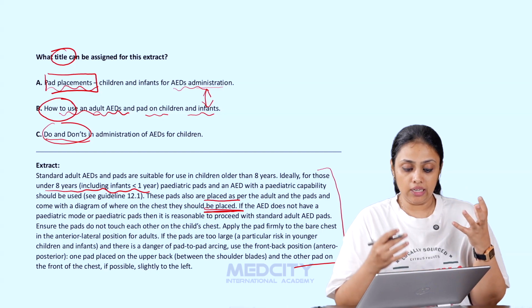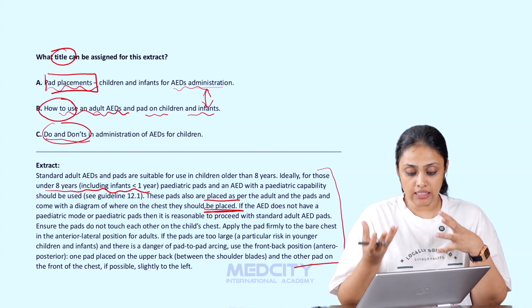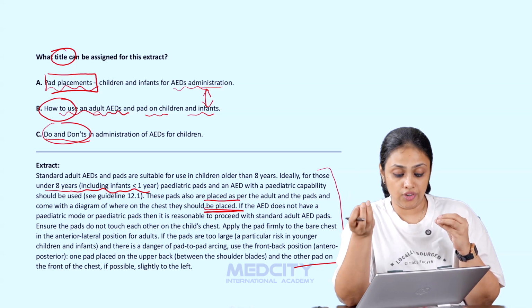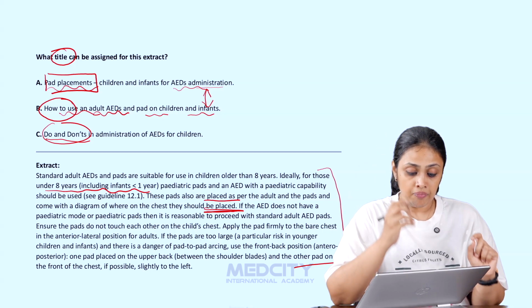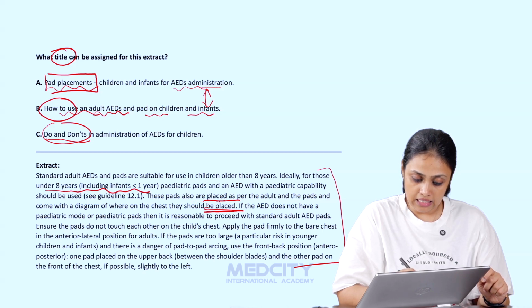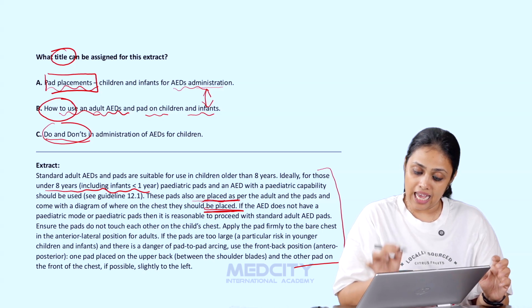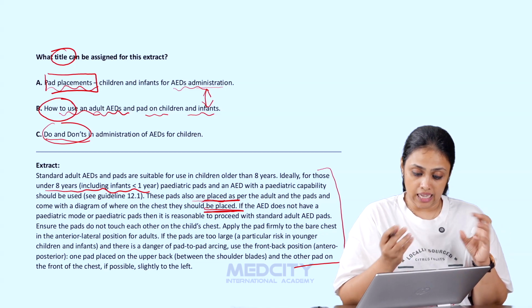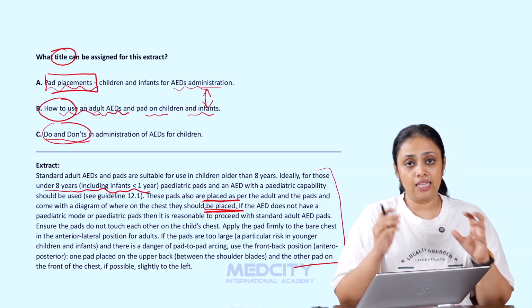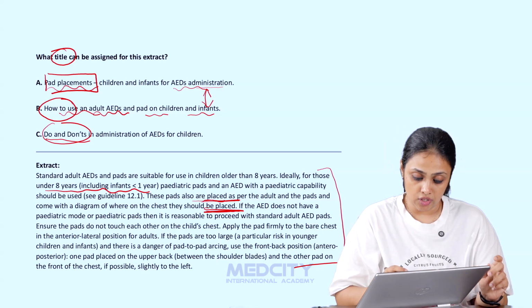They are saying that when using an AED on adults, if you have to use the same for children, this is how it should be placed. There will be a diagram showing how it should be placed on the chest.